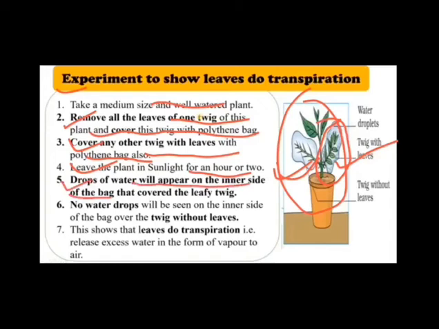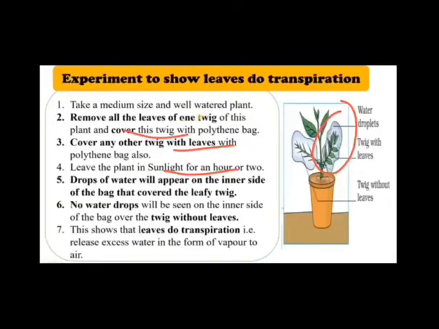Can you see the droplets of water over here with the twig with leaves? Yes. Can you see this part also, the twig without leaves? There are no droplets of water present, right?